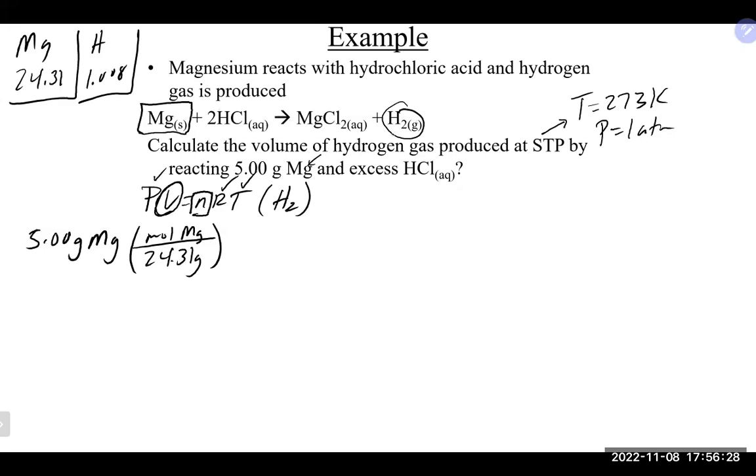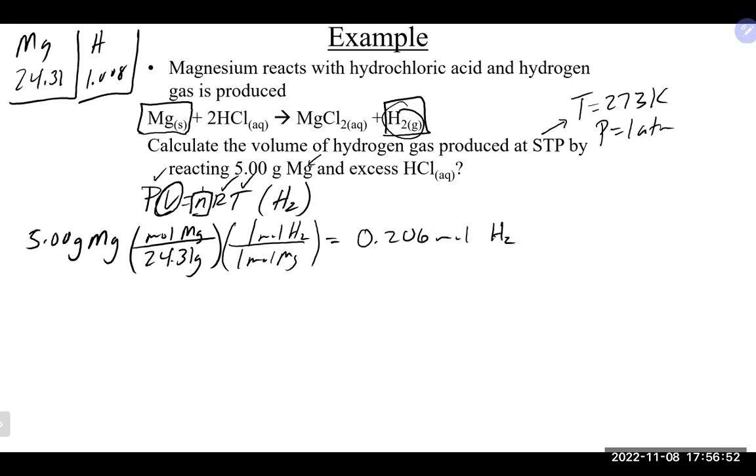And in this case, it's a pretty simple one. It is a 1-to-1 relationship, which means we take 1 mole of magnesium on the bottom and 1 mole of hydrogen up on top. And that will get us something. 5 divided by 24.31 gets us, we'll call it 0.206 moles of hydrogen.